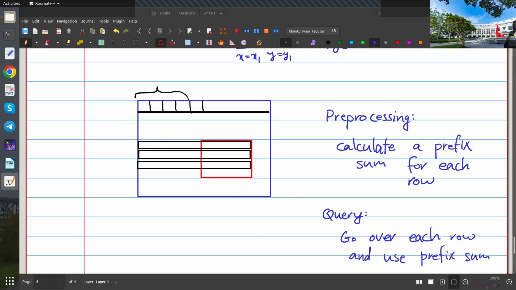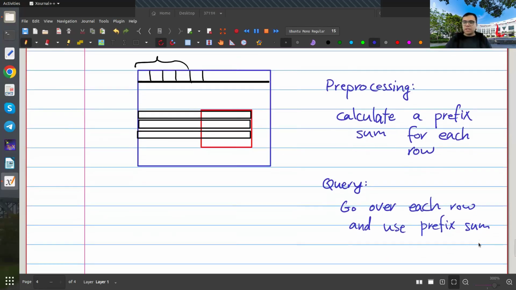Now, this is going to be better than before, because before our query was just doing naively, going over every element in the red rectangle and summing it up. So my query was taking n squared time. Now my query is actually faster. My query is going to take only O(n), because every row of the red rectangle, its sum is calculated now in constant time. But maybe my red rectangle has n rows, right? So I have that problem.